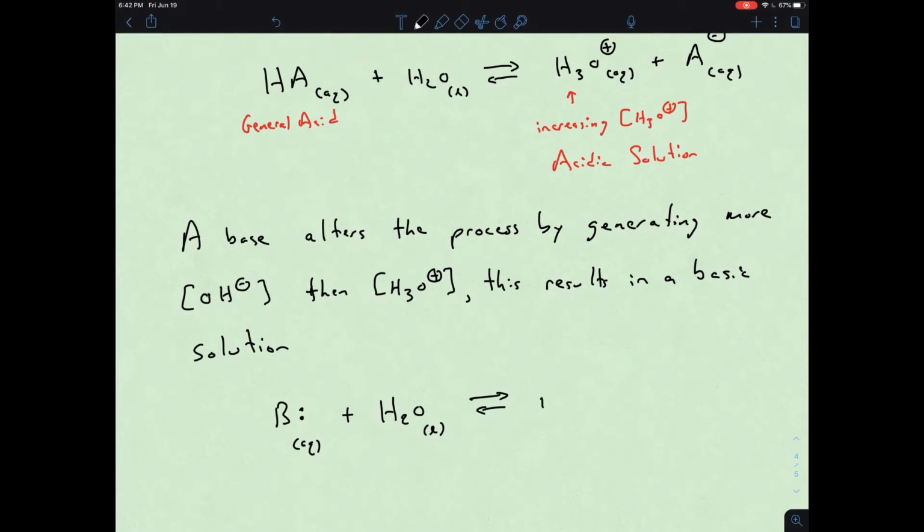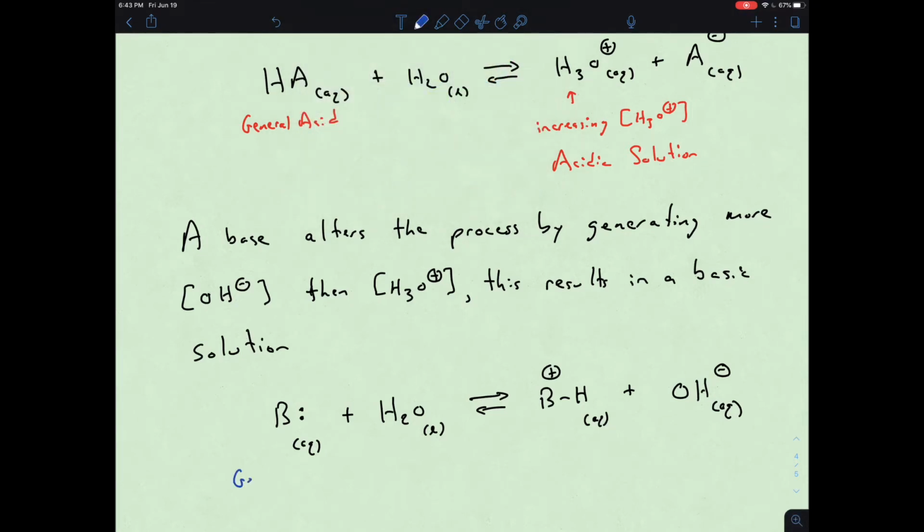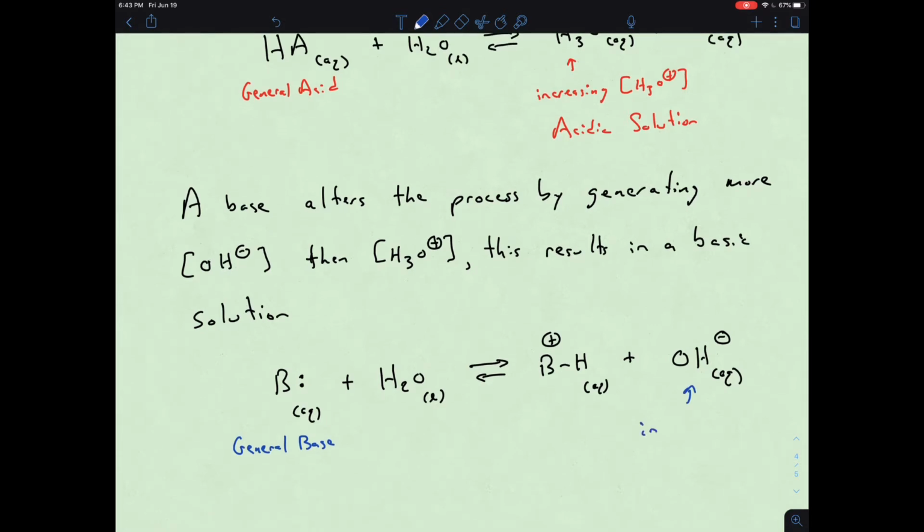And so the base accepts the proton from the water, so we get hydroxide as the other product. So here we have our general base, and so we are increasing our hydroxide concentration, and that's resulting in a basic solution.